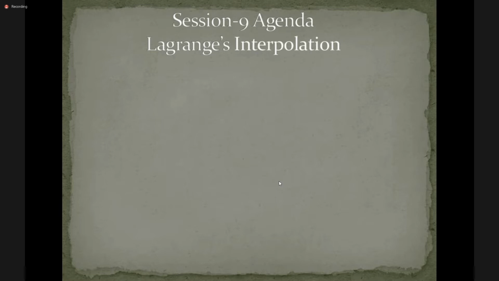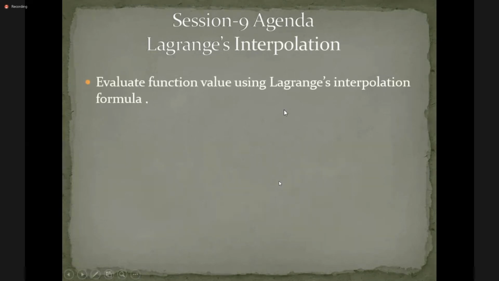The first one is that we are going to use Lagrange's formula for interpolating the value. That means we are going to find the function value using Lagrange's formula, just like Newton's forward and backward. Similarly, we can also find an interpolating polynomial with Lagrange's formula.